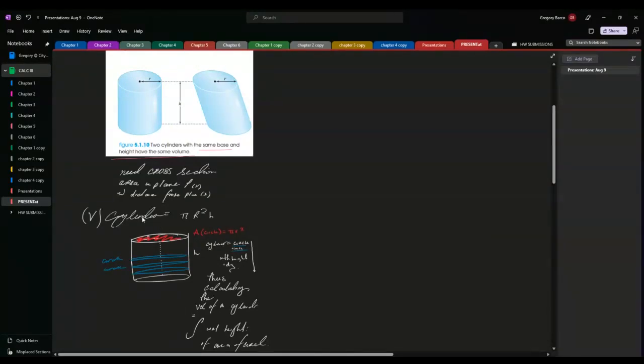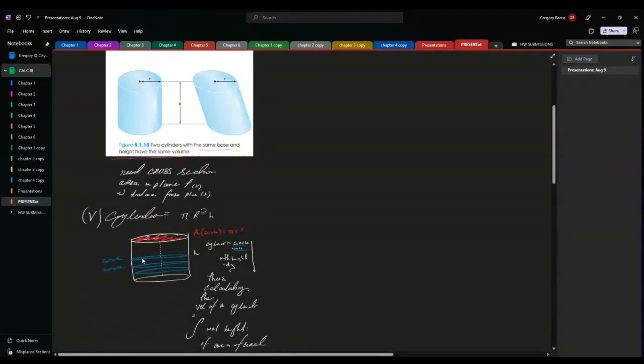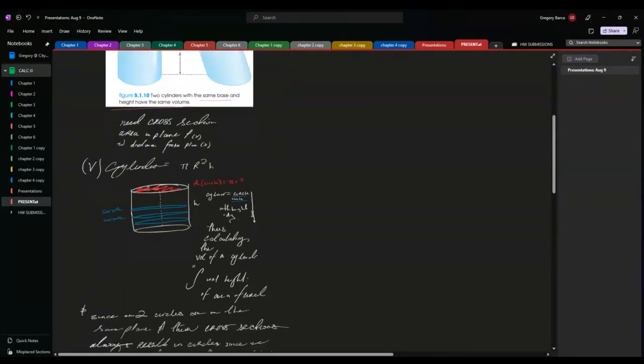And we also need the volume of a cylinder because we want to prove that the volumes of these cylinders are the same.